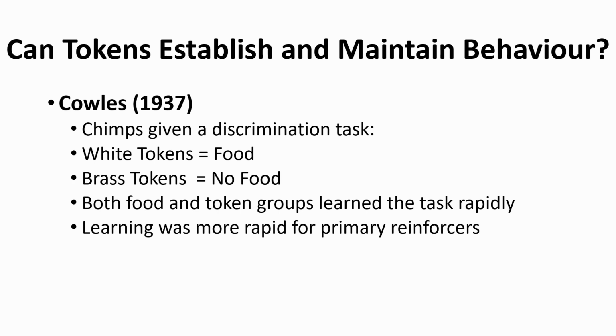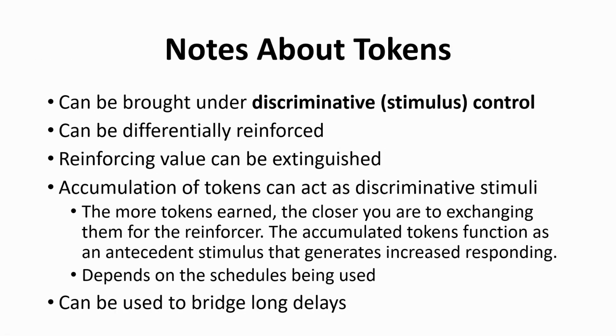If you connect those topics, you can start seeing why tokens are an effective reinforcer in a lot of situations. So I'm going to take a moment to talk about a couple of things that are not explicitly stated in the textbook, but do apply to tokens.